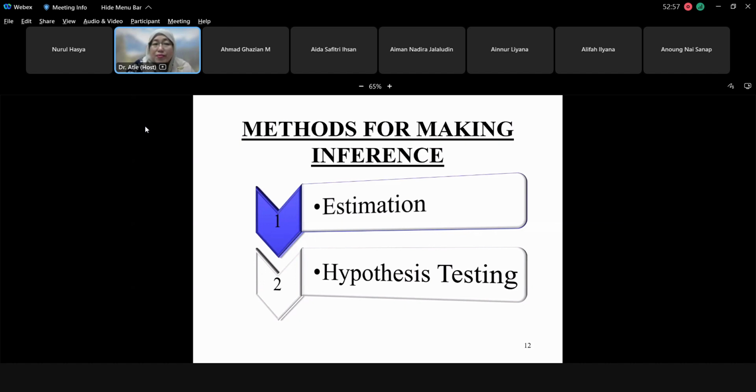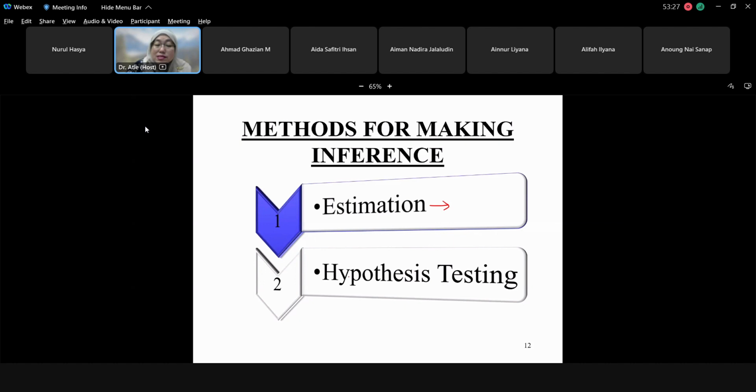There are a few methods for making inference. First one, estimation. We are going to learn how to do this estimation. Remember, we just mentioned the process: take a sample, get the information, calculate the mean, and so on. That one we call estimation. But there's another one which is very popular in data analysis, where we use the hypothesis testing approach.